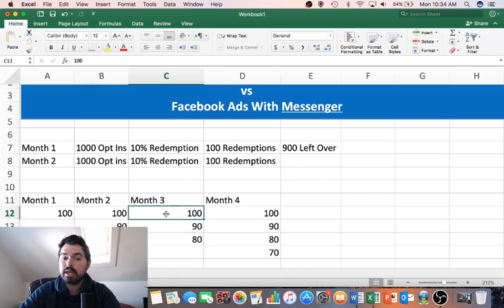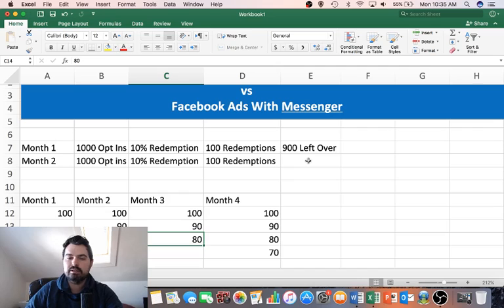And now month 3, I have 100 new come in. I have 90 from the other 900 that didn't redeem. And then I have 80, right? So I know the math, it should be 81, but I just wanted to, because 10%, if I have 900, I subtract 90. That's actually 810.